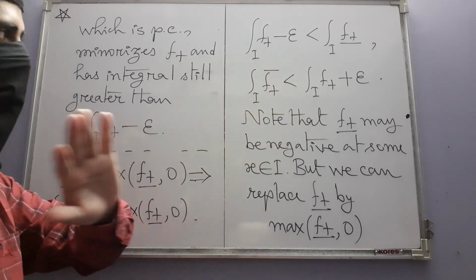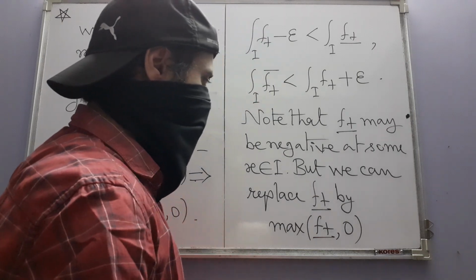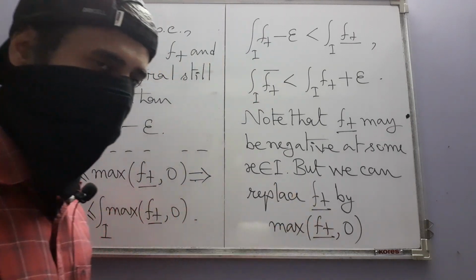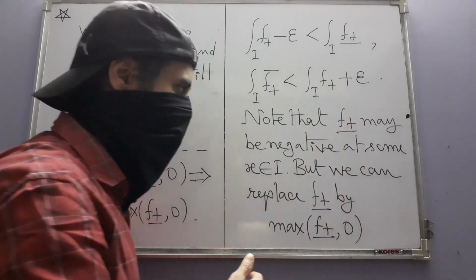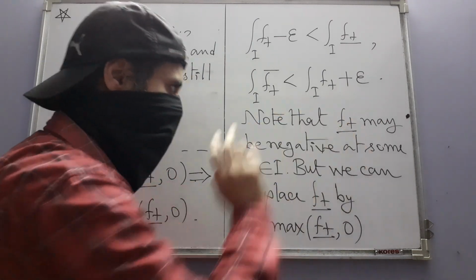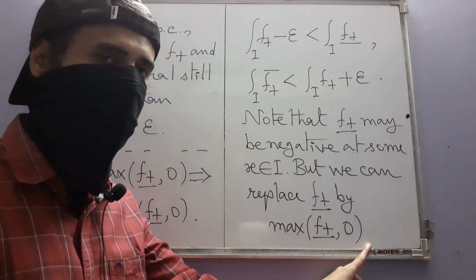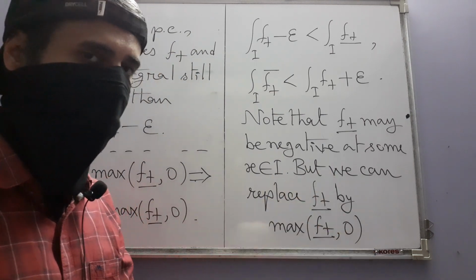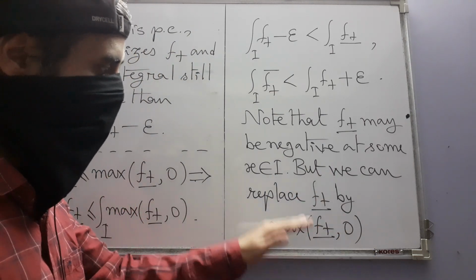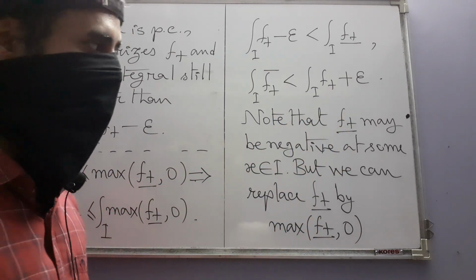So all these things finally mean that if the need be, if f plus underscore becomes negative at some places, we do not consider this anymore. We replace this with this, which is non-negative, and it has all the properties that f plus underscore also has.